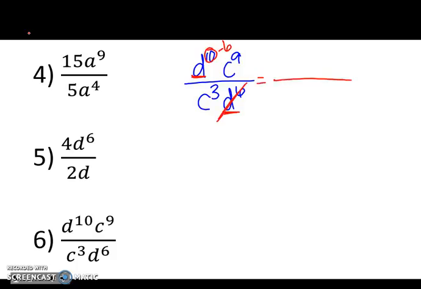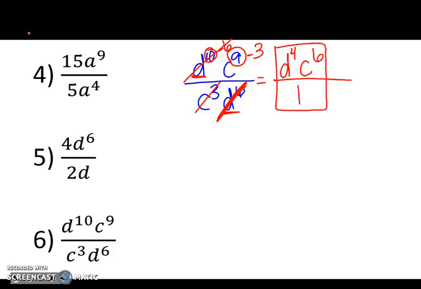The reason why I crossed this off, guys, is because I've now moved that 6 up here to the top. So I have d, 10 minus 6 is 4. So I'm done with the d's. And then I have c, 9 minus the bottom exponent, which is 3. So I get c to the 6th. And we can put that all over 1.